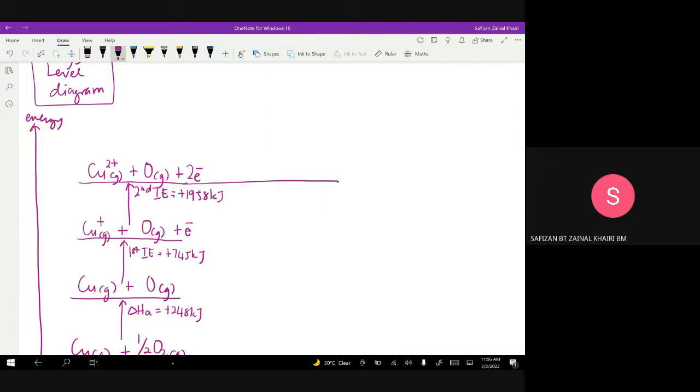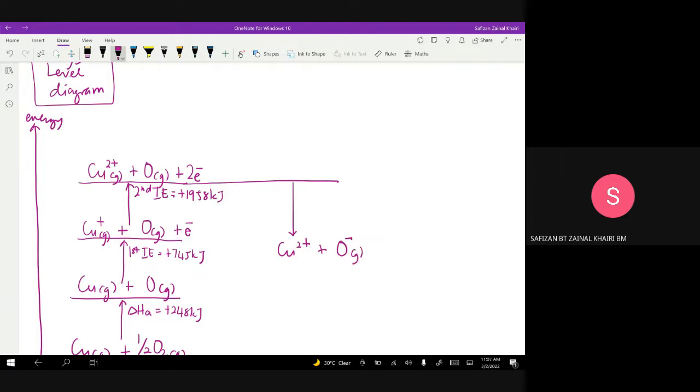Okay, and then the next saya nak tukarkan oksigen atom kepada oksigen ion. Turun ke bawah. Daripada copper 2 plus tu salin dia semula. Copper 2 plus daripada oksigen atom jadi oksigen negative 1 in the gaseous phase.